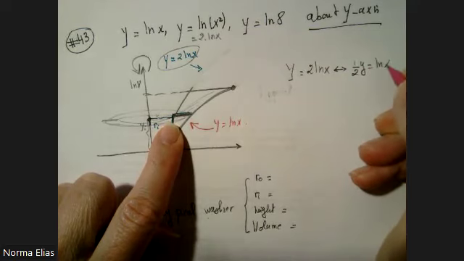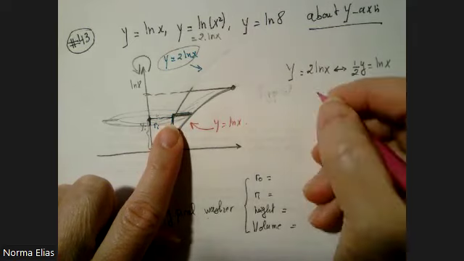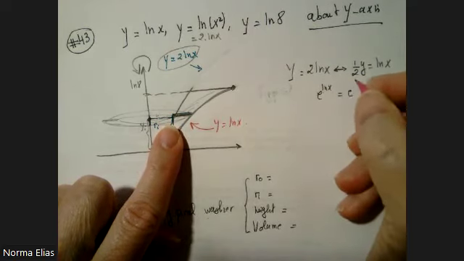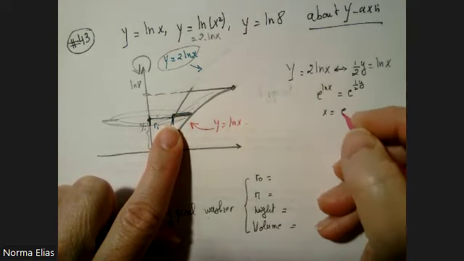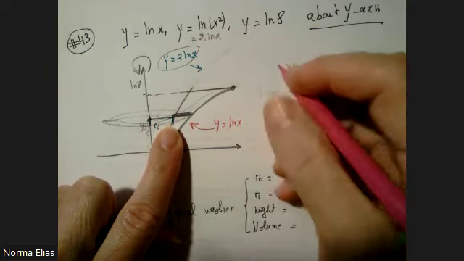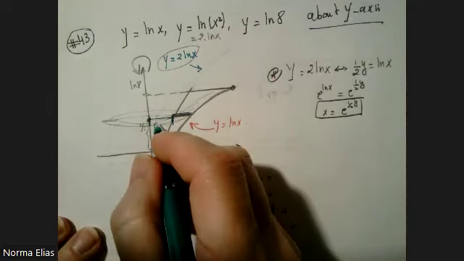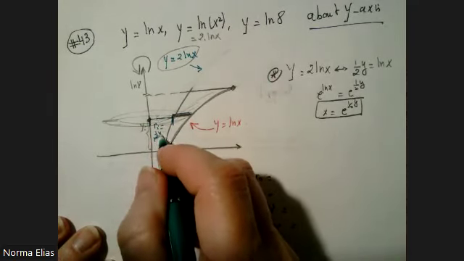It gives me ln of x equal half y. Then I take e to the ln equal e to the half y. It means x equal e to the half y. That's solving for x. So my inner radius is this piece here, which is e to the half yi.